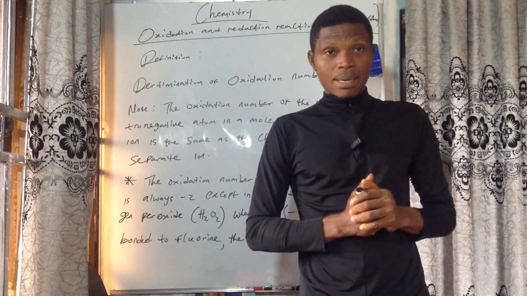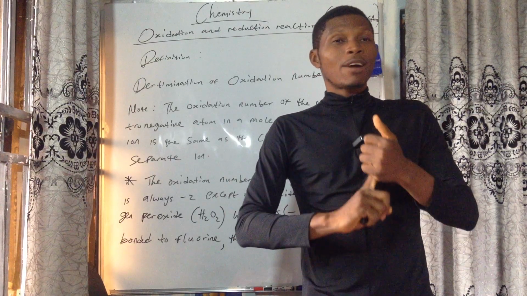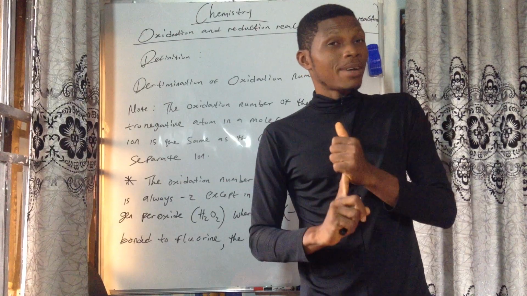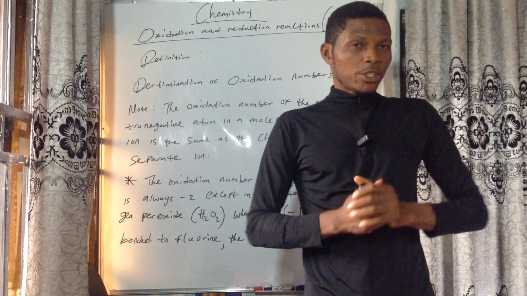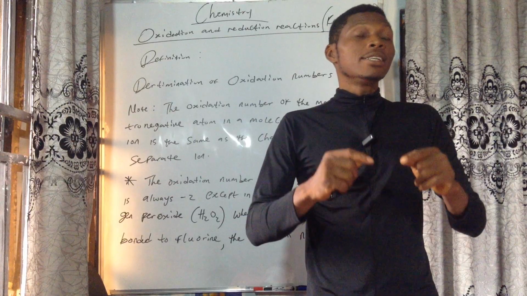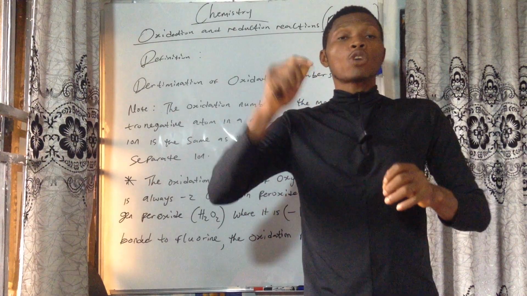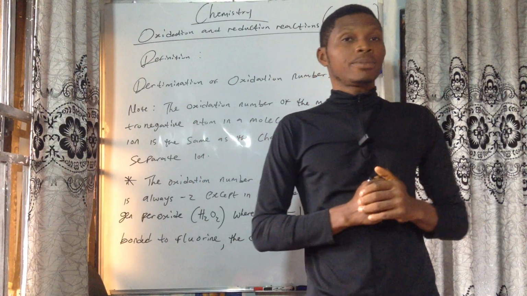Do you understand? A reaction can either involve transfer of electrons or not involve transfer of electrons. In redox reactions, there is a change in oxidation number of the substances involved.